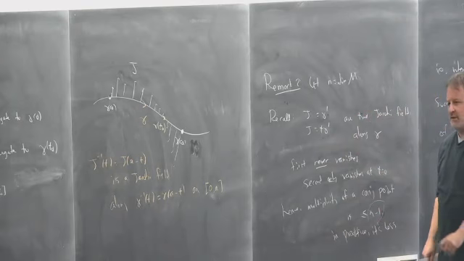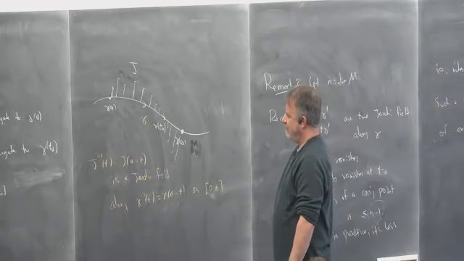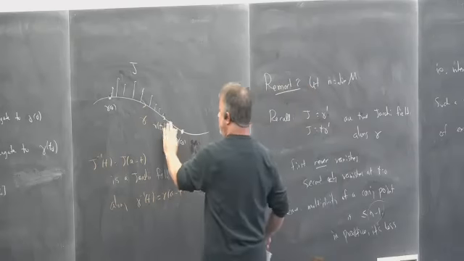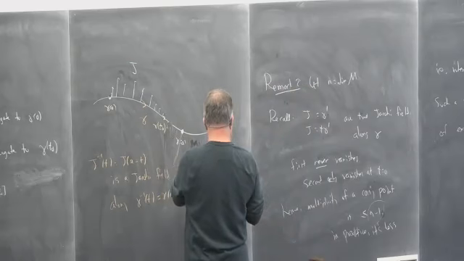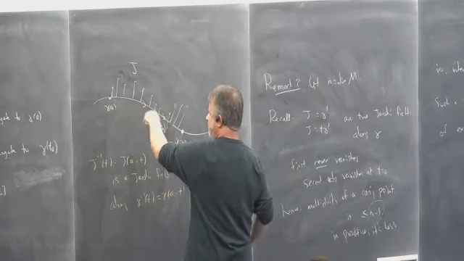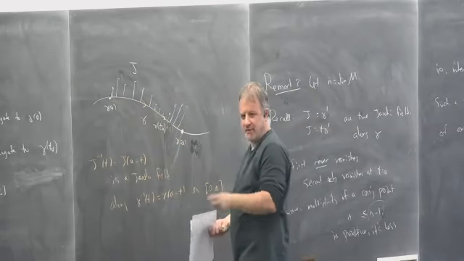Yes, question. No, I didn't have to draw it like this. Besides, it's not just two-dimensional, right? It could be. Yeah, the space orthogonal to gamma prime is n minus 1 dimensional.